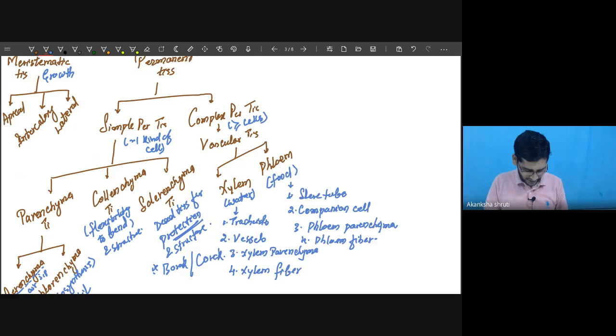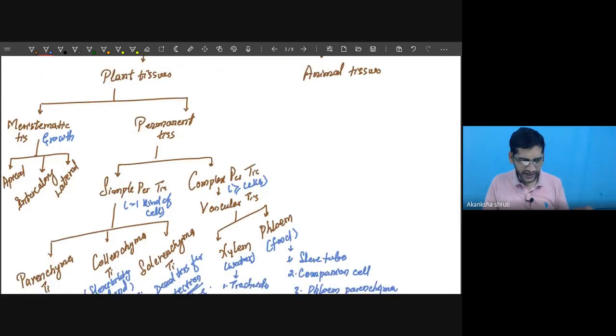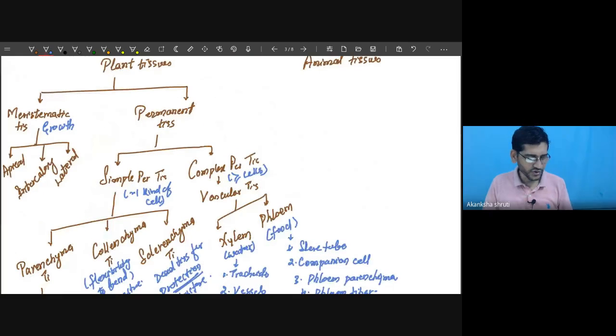So these are all about the classification of the plant tissues. As a student, you have to keep all these things in mind, whatever I have written. So you have to remember this entire table. It will help you and save a lot of time for you.